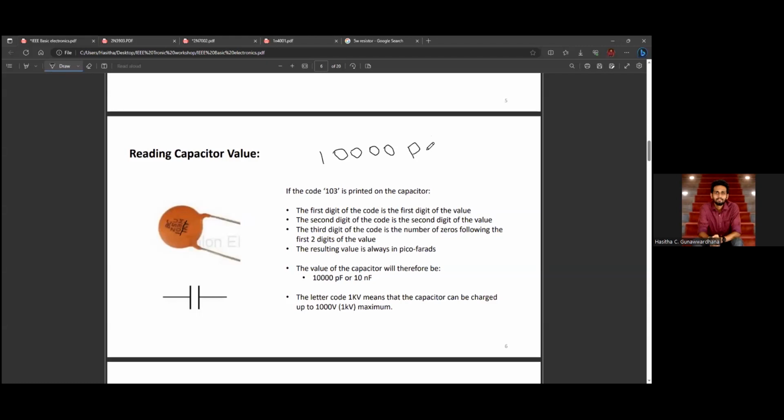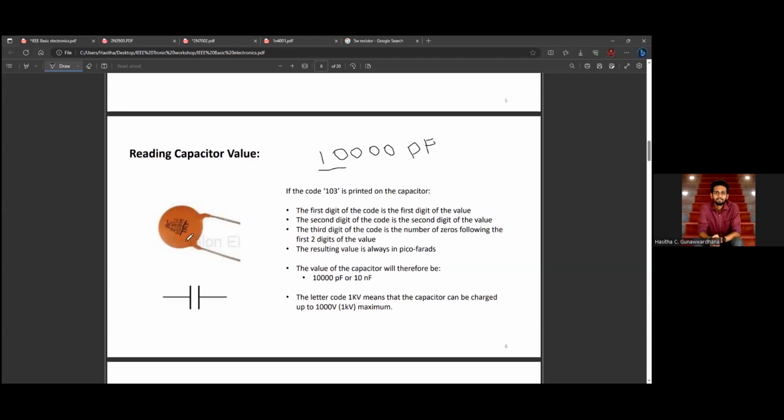This is in pico. The first two digits we simply write here, and we add 3 zeros at the end of this number. So we get the capacitance value in picofarad. Okay.